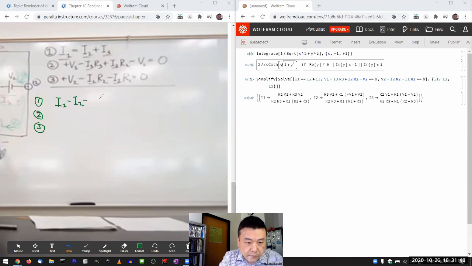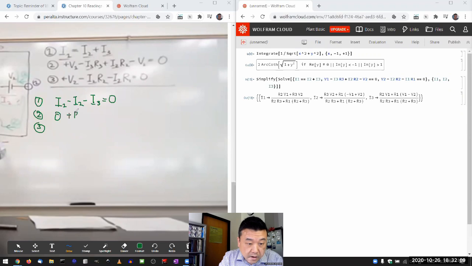So I'm rewriting the first equation so that it's I1 minus I2 minus I3 is equal to 0. I'm rewriting the second equation. The second equation doesn't have any I1 in it, so it's a 0. And I need to do this in the correct order for the next step. I'm going to write down the coefficients first.